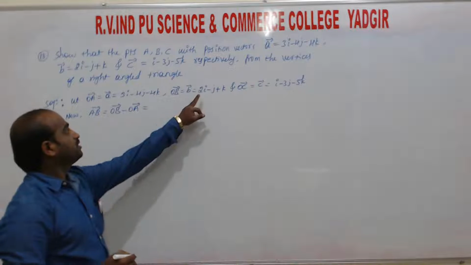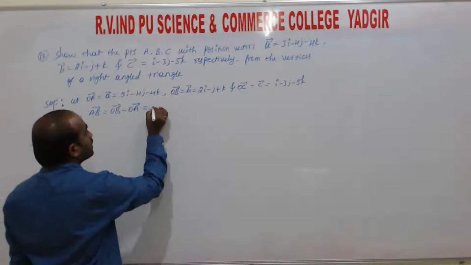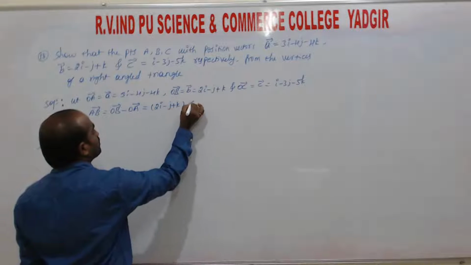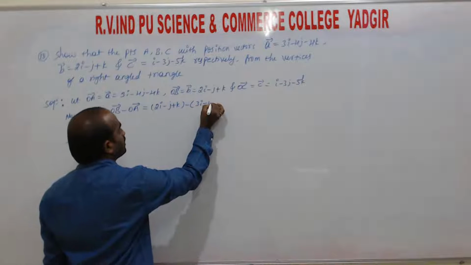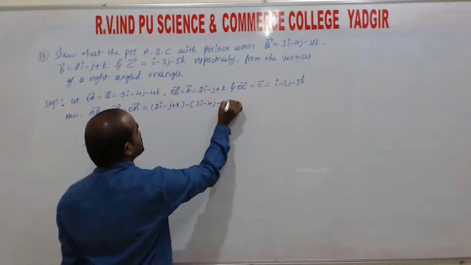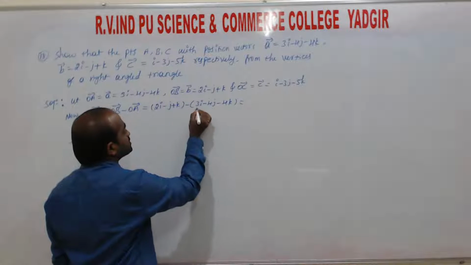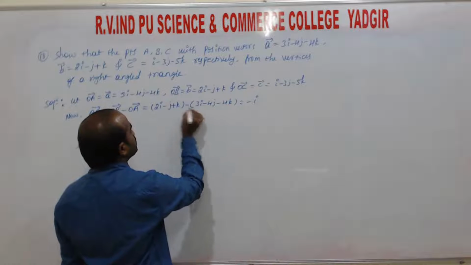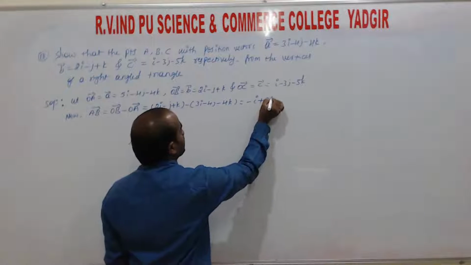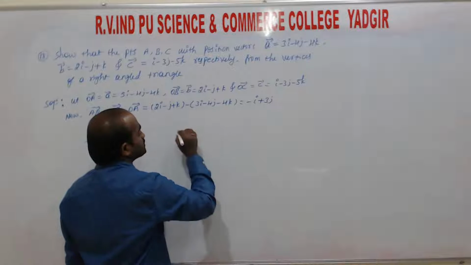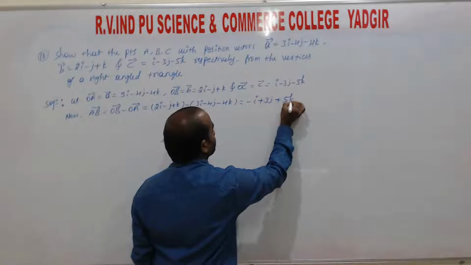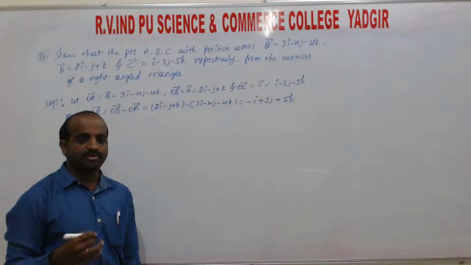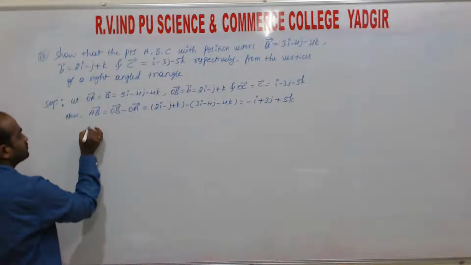Write in one step: 2i minus j plus k minus 3i minus 4j minus 4k. That gives 2i minus 3i is minus i, minus j plus 4j is 3j, k plus 4k is 5k. Then find the magnitude of AB square, BC square and AC square.